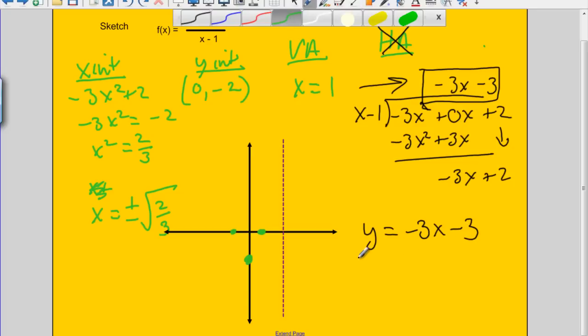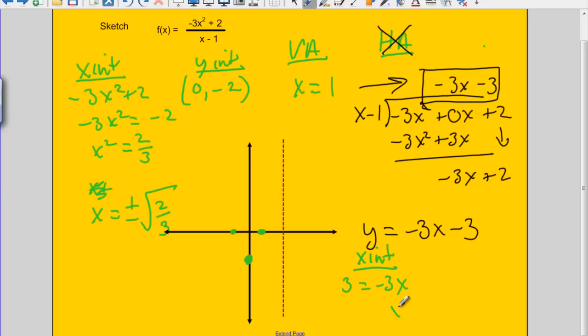If we were to find the x-intercept of this equation to graph it, we would set y to be 0, and we would end up with 3 is equal to negative 3x, and therefore x is equal to negative 1. So that would be about that location. And the y-intercept is simply 0 and negative 3.